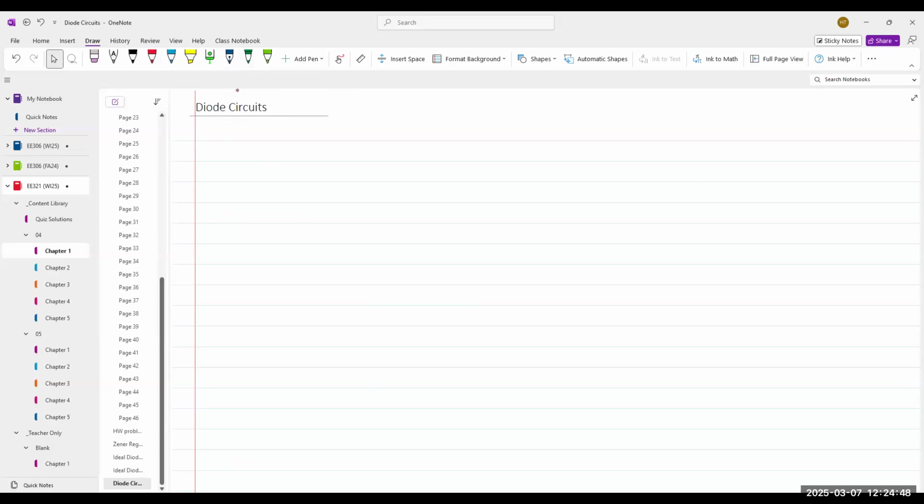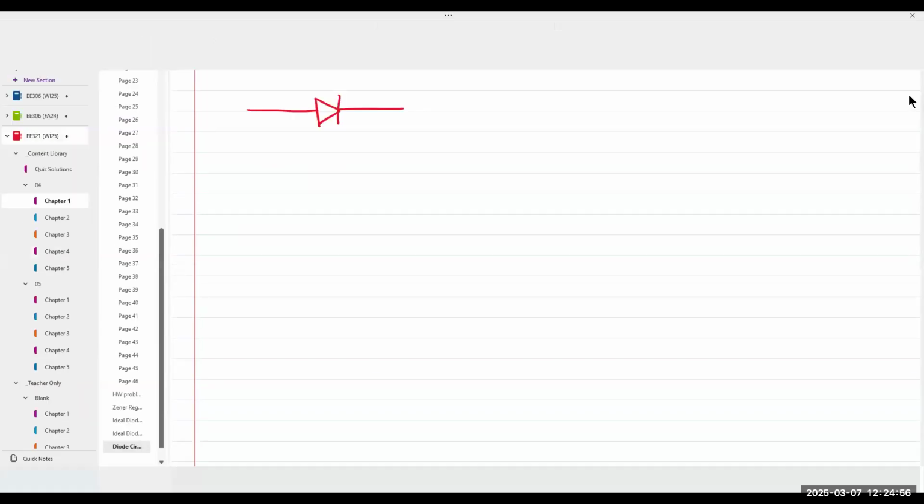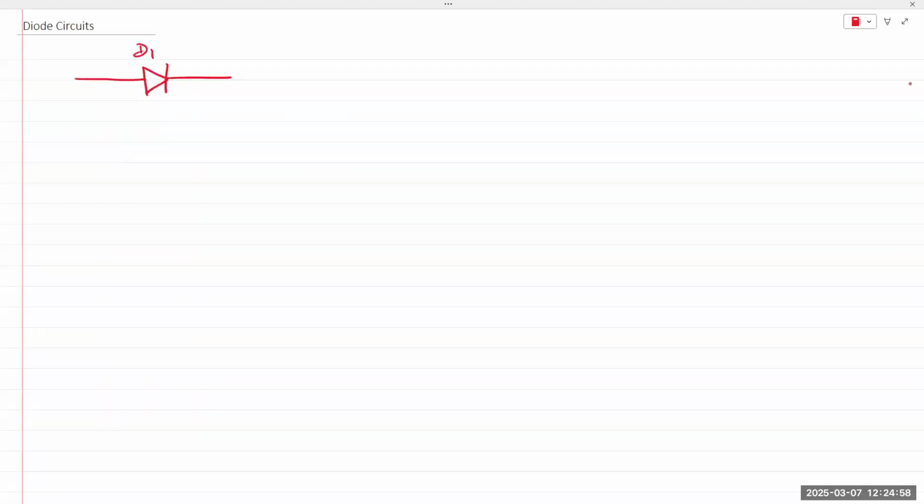All right, so first up is a 2-diode circuit. Actually, both of them are 2-diode circuits. So you have diode D1 and you have diode D2. Both of them are connected to a resistor.